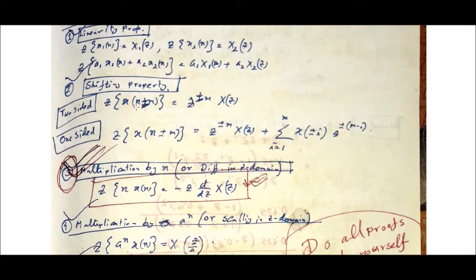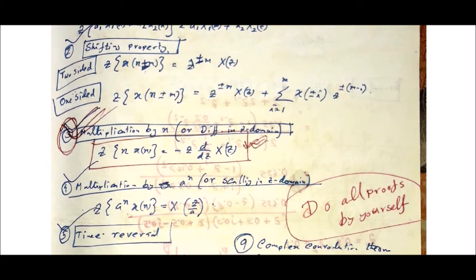If it is delayed, x[n minus m], then its Z transform will be X(z) multiplied by z to the power minus m. For the one-sided signal, it will have an extra term.